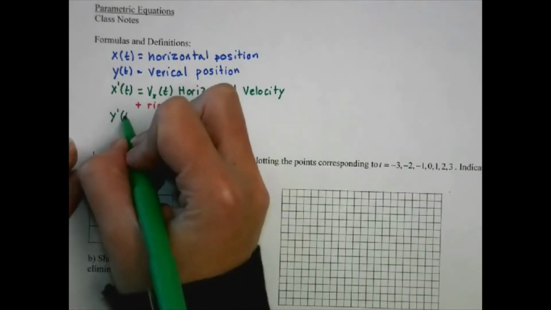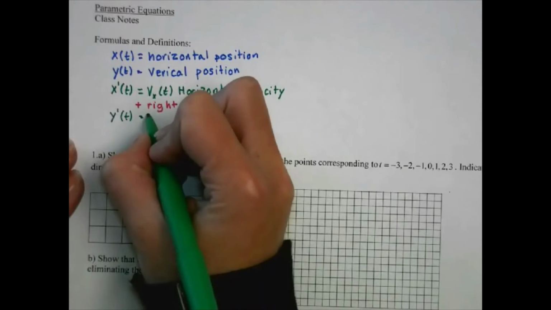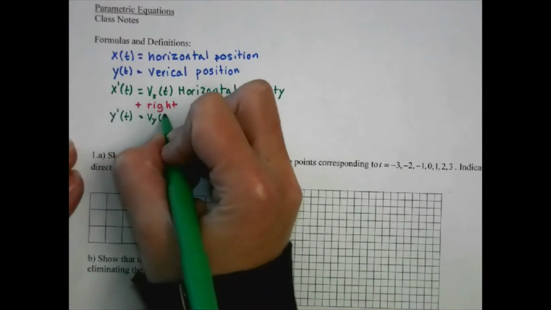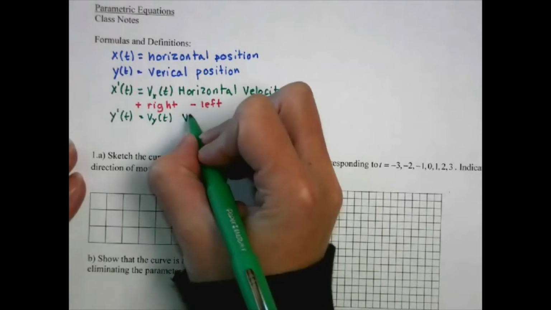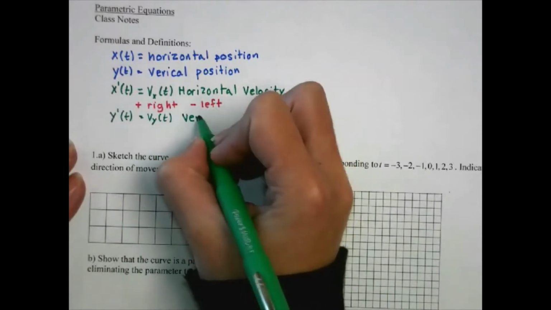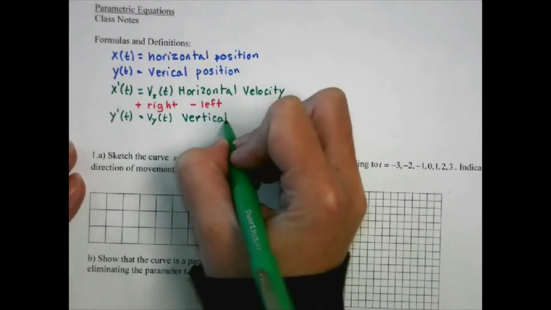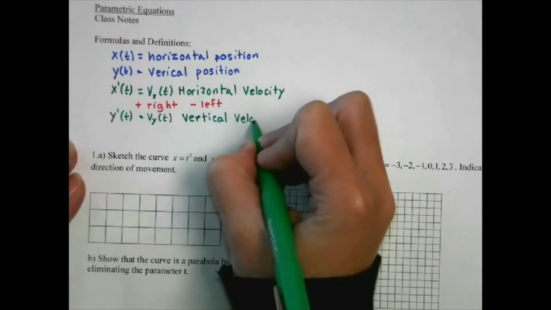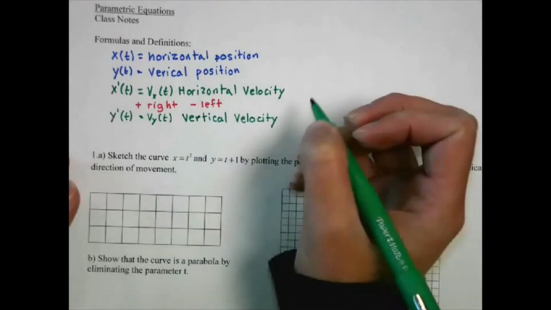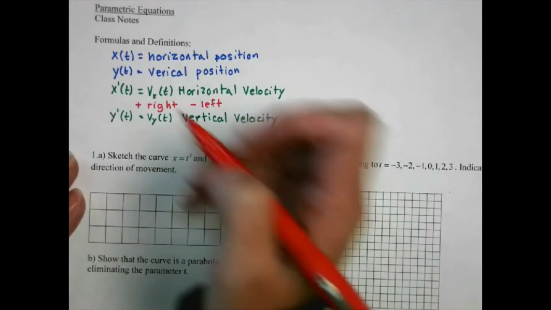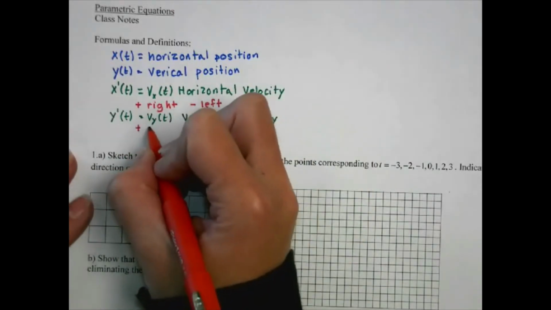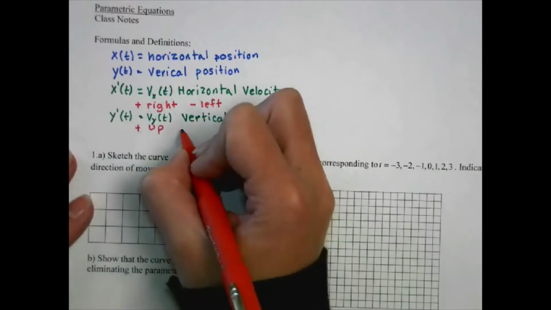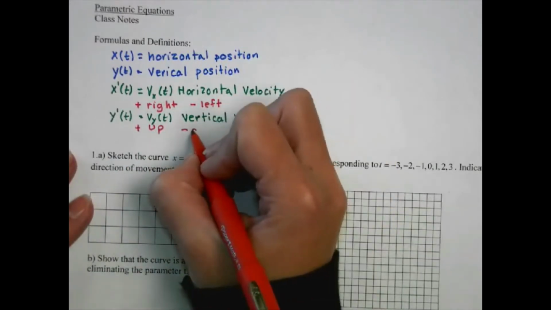The derivative of y is going to be the velocity in the y direction. So we'll call that the vertical velocity. And then again, as convention, if it is positive, it's moving up. If it's negative, it's moving down.